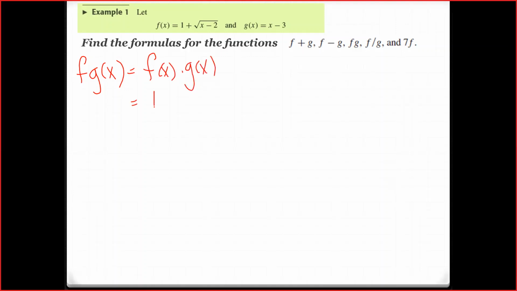Then let's multiply it: 1 plus square root of x minus 2, times x minus 3.